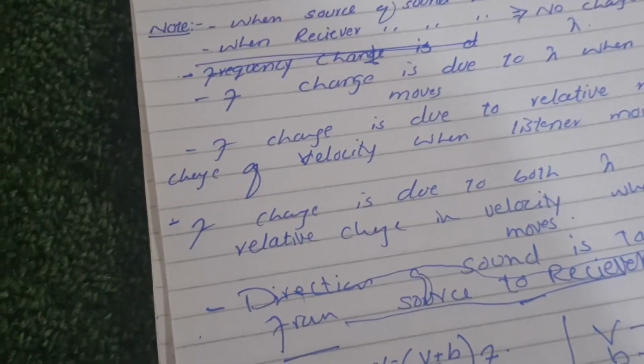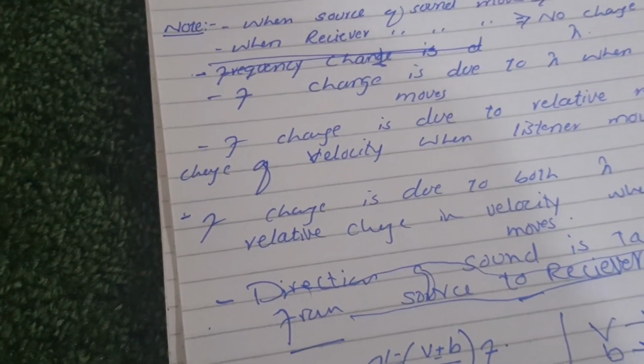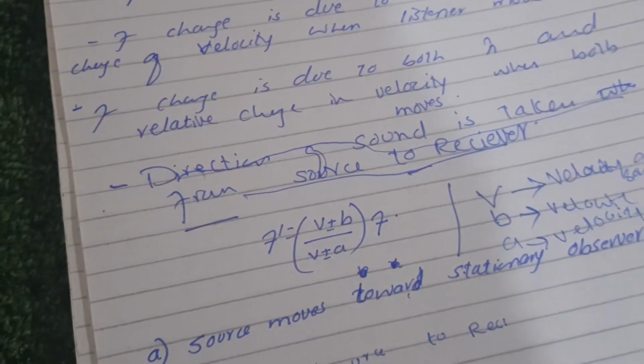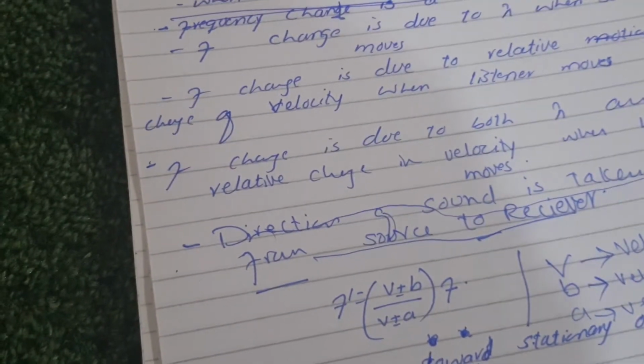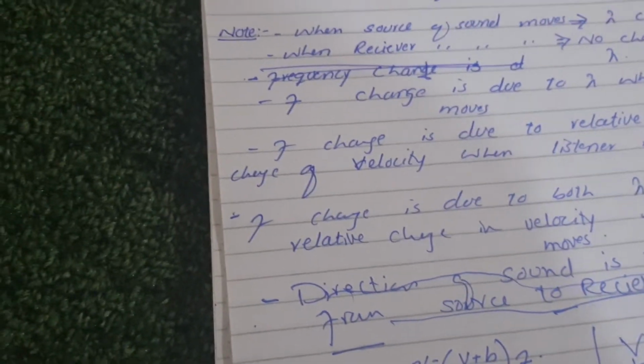I would like to tell you one point that is missing: whenever the source moves, this is one of the most important points, and I would like to write it here. Whenever two bodies move in the same direction, as in the case of relative velocity, you have to subtract velocity.